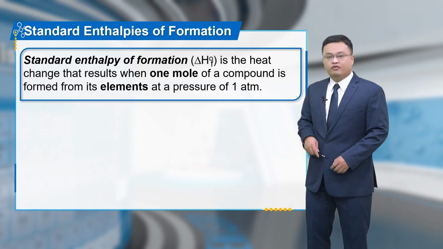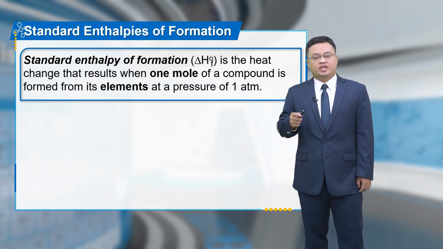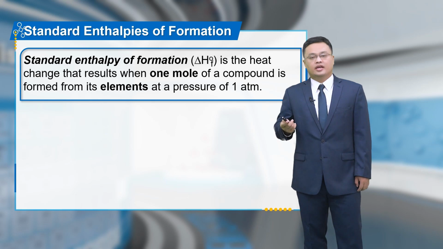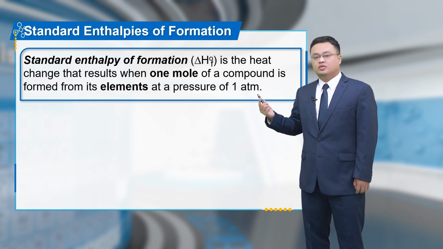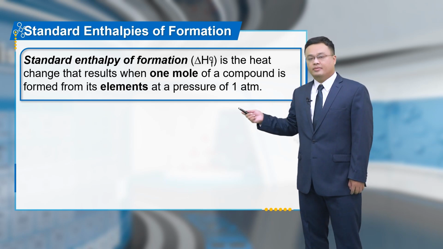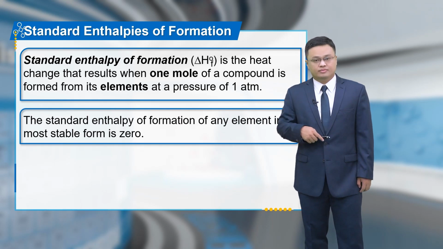This standard enthalpy of formation, delta H standard formation, is the heat change that results when 1 mole of compound is formed from its elements at a pressure of 1 atmosphere. According to the definition, the standard enthalpy of formation of any element in its most stable form is 0.